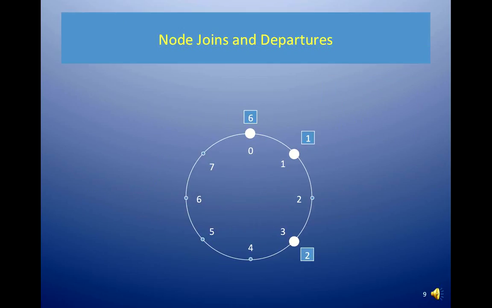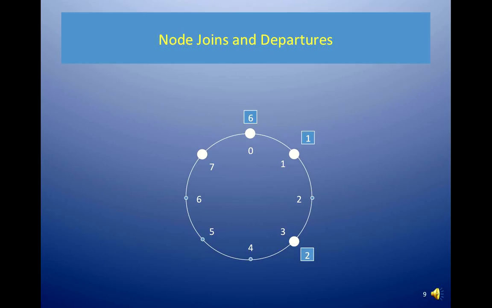Having understood how keys are stored and mapped to locations, now let's understand how node joins and node departures affect this key storage. Let's assume that node 7 joins our system. As we discussed earlier, the successor of the key should be stored in the next highest node. Previously, the successor of key 6 was the next highest node, node 0, which is why we stored key 6 in node 0.